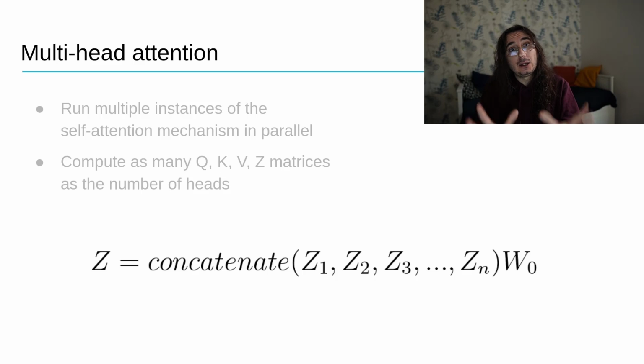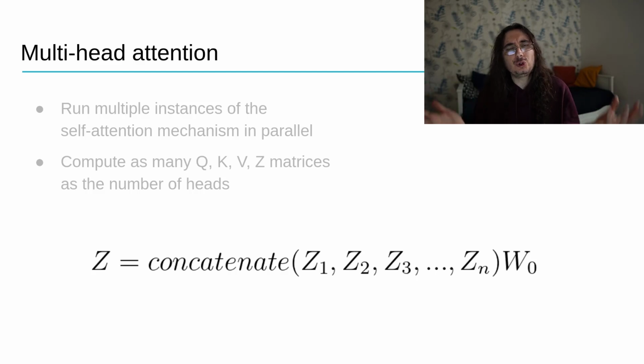And finally, once that self-attention mechanism is carried out, we're going to end up with a number of different attention matrices, one for each attention head that we have.